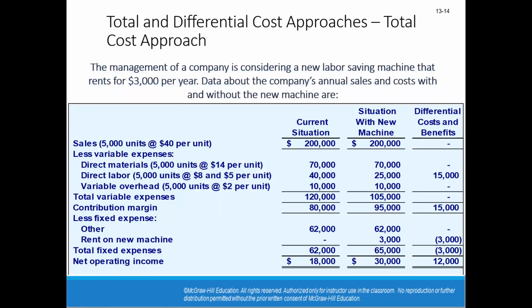The management of a company is considering a new labor saving machine that rents for $3,000 per year. Data about the company's annual sales and costs with and without the new machine are here: the current situation, and then the situation with the new machine.